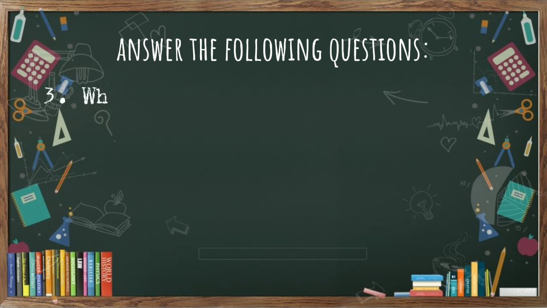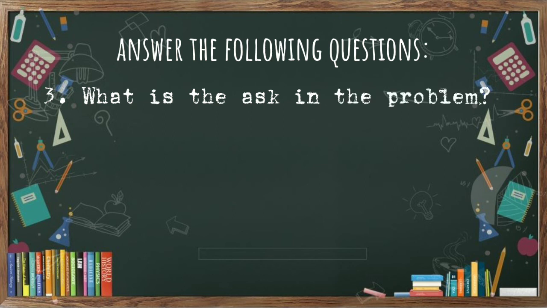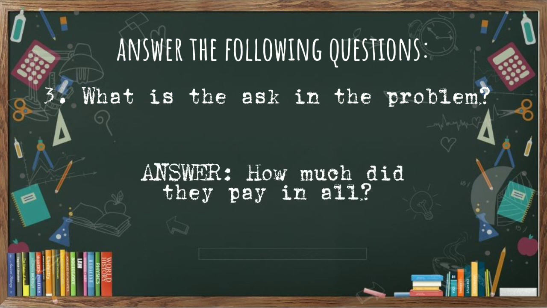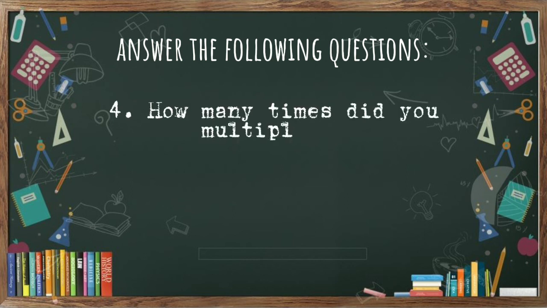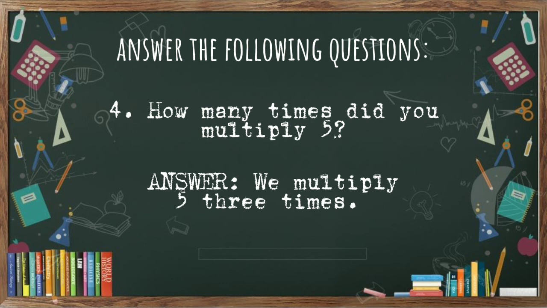Number 3. What is the ask in the problem? The ask in the problem, or the question in the problem, is how much did they pay in all? Number 4. How many times did you multiply 5? Alright, we multiply 5 3 times.